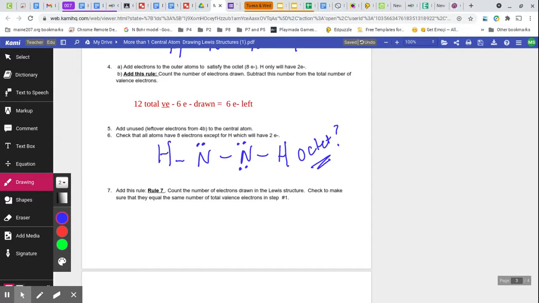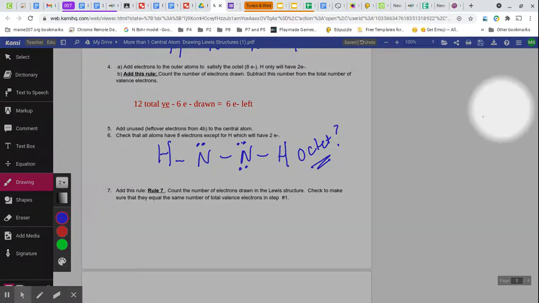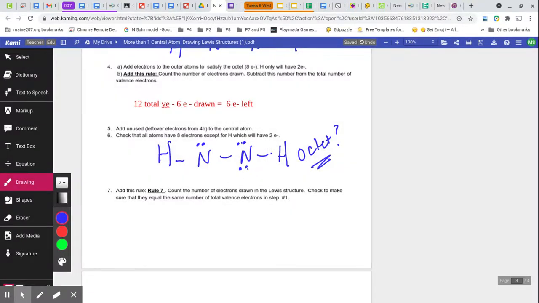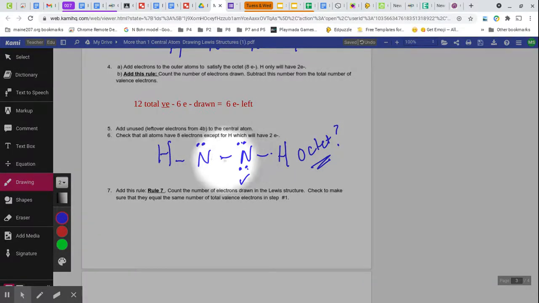This nitrogen on the right does: 2, 4, 6, 8. So this nitrogen is good, but this nitrogen only has 2, 4, 6. It doesn't have an octet. So what are we going to do? Well, I didn't type this out in the step, so I will after we draw it.